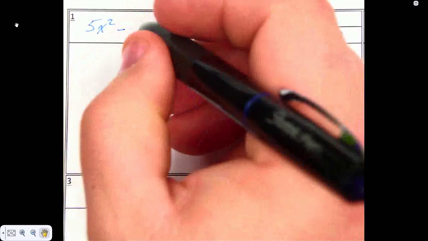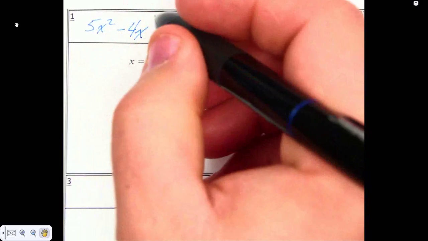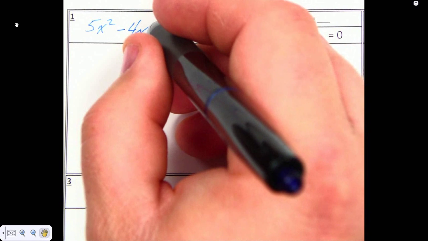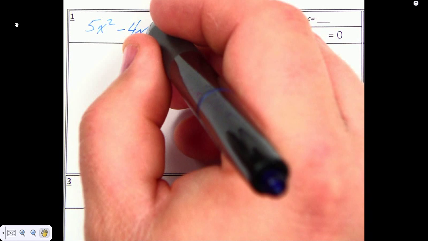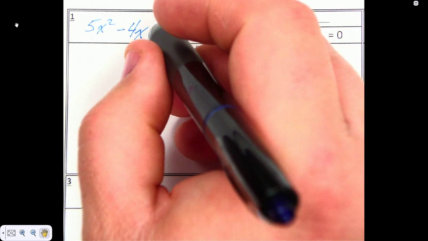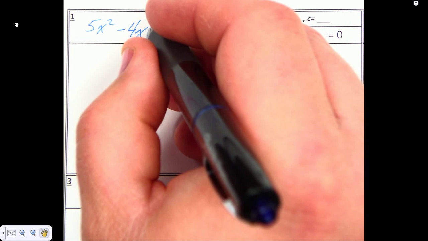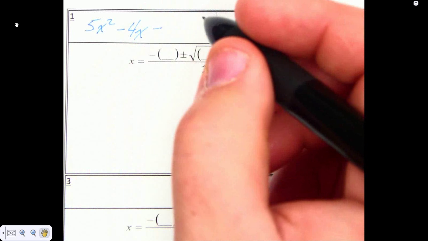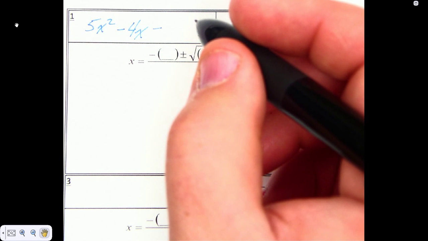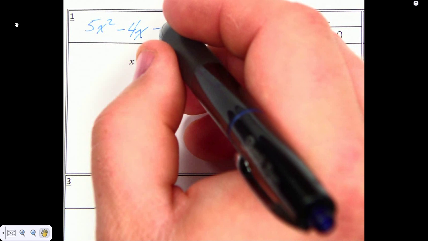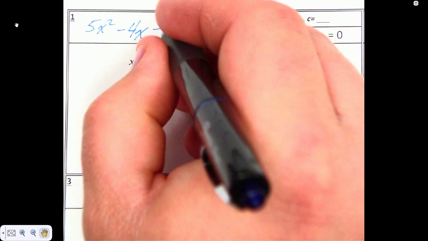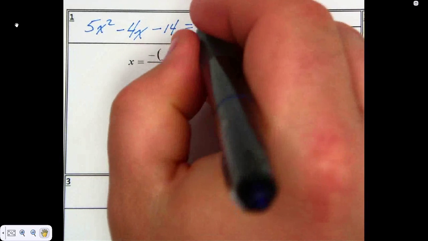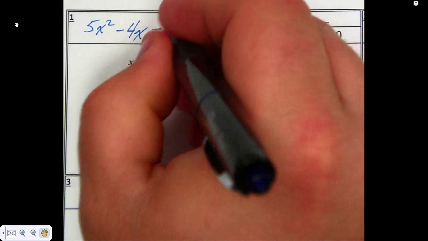Let's go with 5x squared minus 4x minus... I'm sorry, 12.